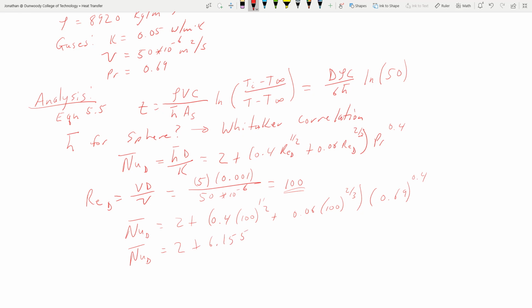And then I need to multiply that by k over d to find h bar, so k times 0.05 and d is 0.001. So h bar, I think I went the wrong way with this. I must have made a mistake in my calculator with this calculation. I'm going to get rid of that.